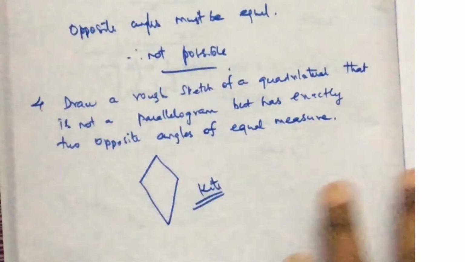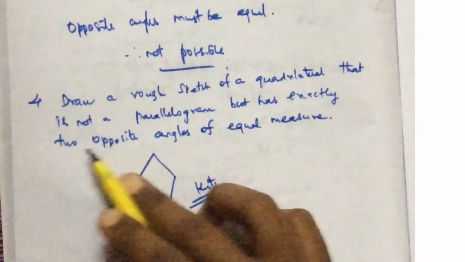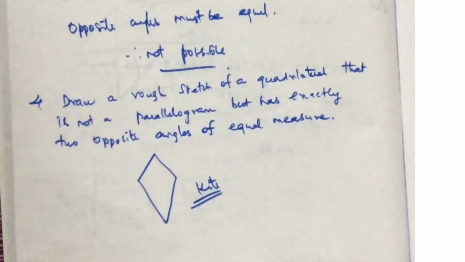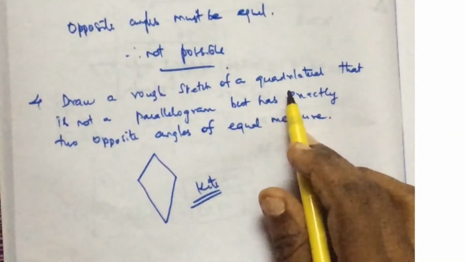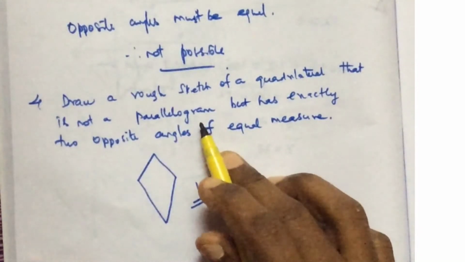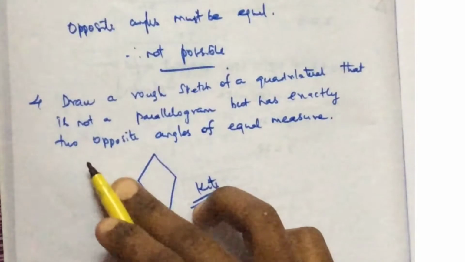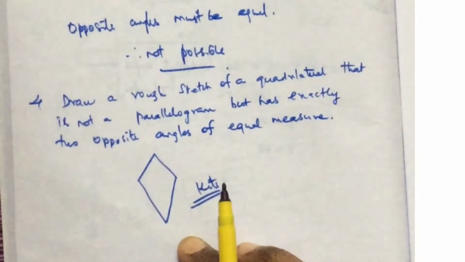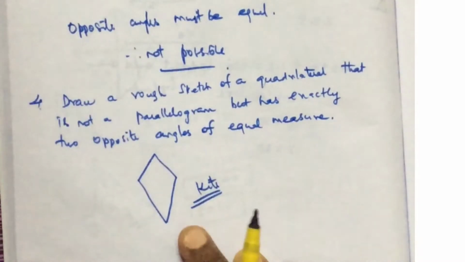The next is: draw a rough sketch of a quadrilateral that is not a parallelogram but has exactly two opposite angles of equal measure. So here you have to draw a quadrilateral that should not be a parallelogram, and at the same time has exactly two opposite angles of equal measure. One such example is here. The opposite angles are of equal measure, but the opposite sides are not equal. So it is not a parallelogram.